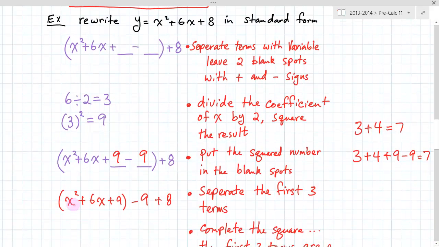Now, by design, this x squared plus 6x plus 9 is a perfect square. So I get (x plus 3) squared. It has to be a square. I made it to be square, right? There's no way that it cannot be square. Minus 1 outside. Is this in standard form?